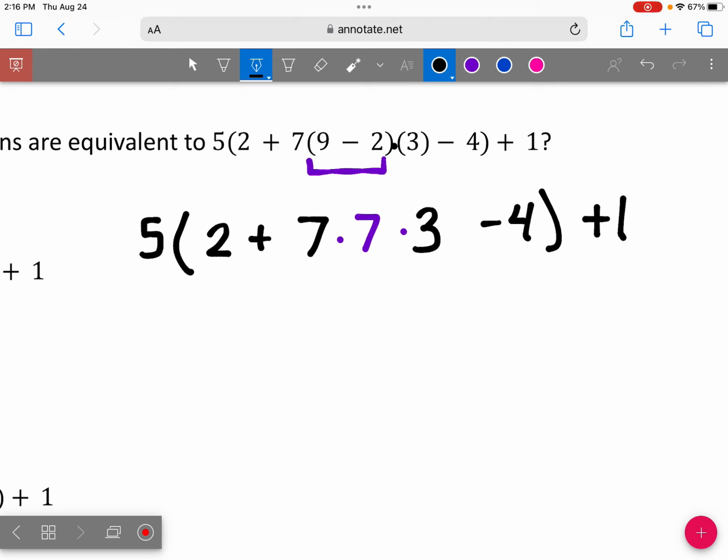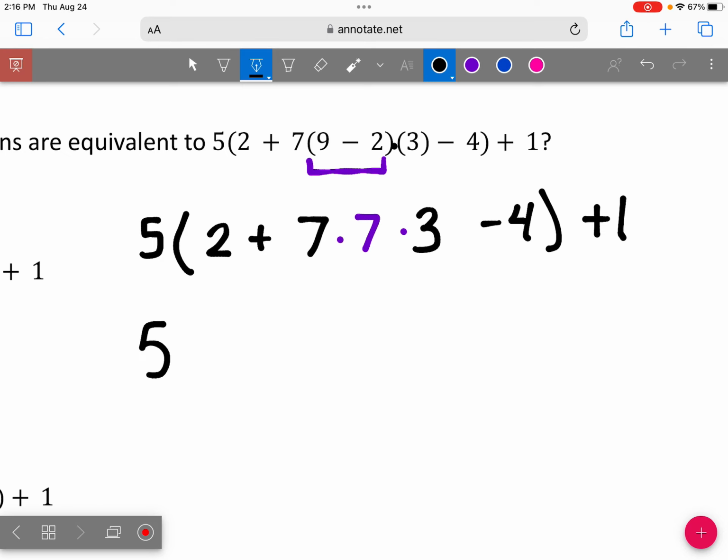Order of operations says we're going to do what next? We did the outside parentheses. We're working on this piece here. What are we going to do next inside this parentheses? Multiply all of this. 7 times 7 times 3.